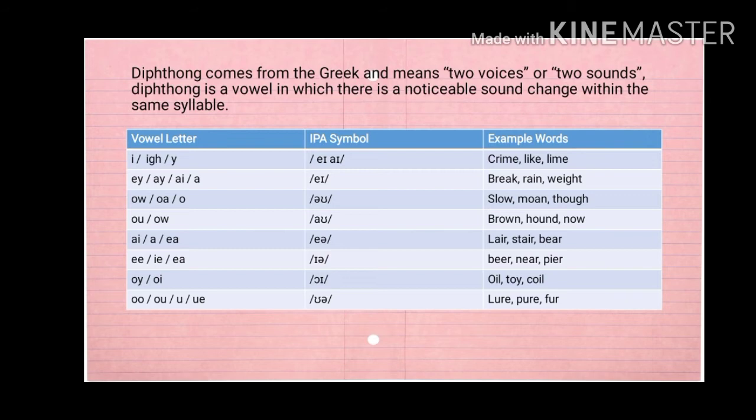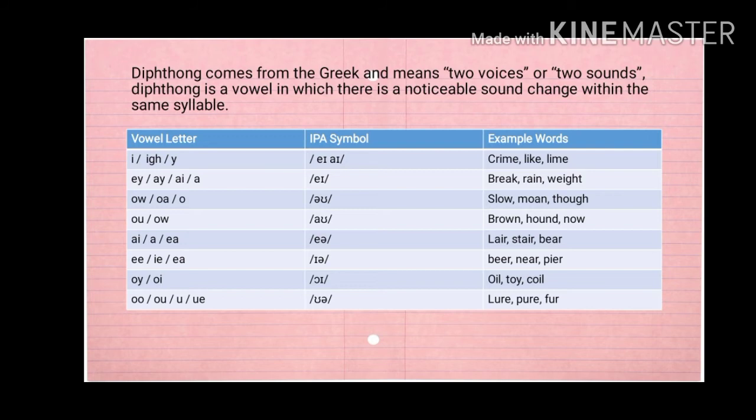And the fifth, this diphthong creates sound similar to air, and most often occurs with letter combination that include A. Example, lair, stare, bear.